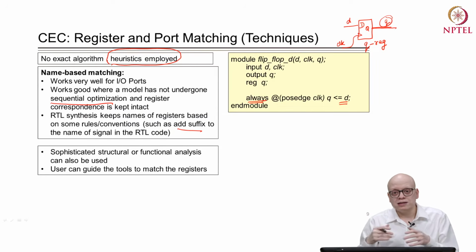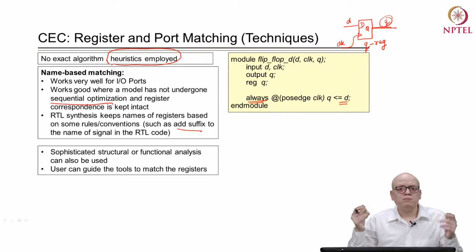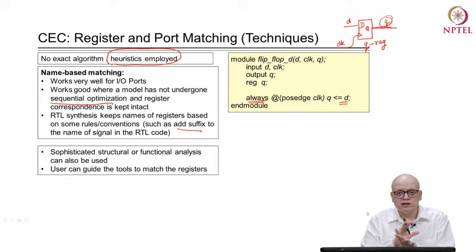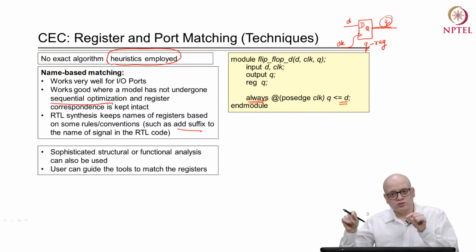So, suppose there are say 1000 flip flops in our design. For 990 flip flops, the matching happened based on the name, everything was fine. Now, 10 flip flops were mismatching, right. So, for them we can debug, and based on that we can say that, okay, this flip flop matched to this in the other model and so on.